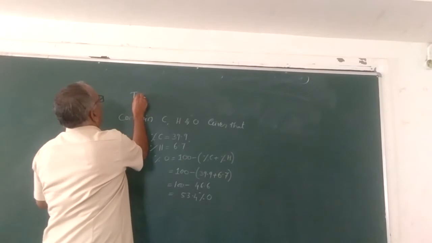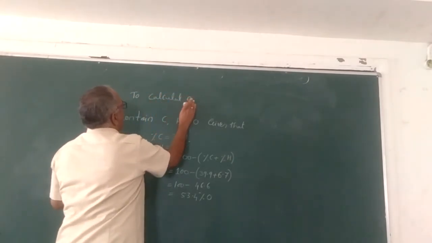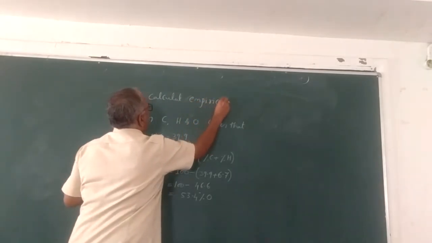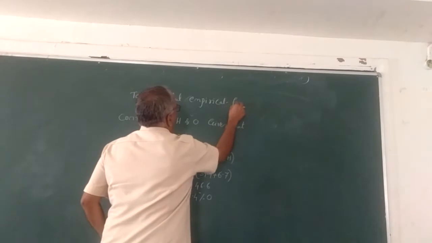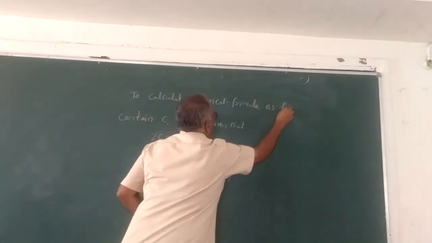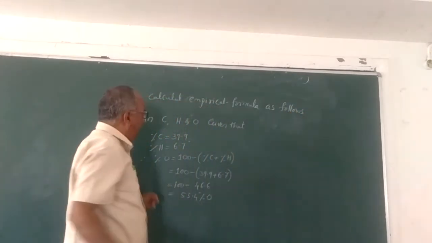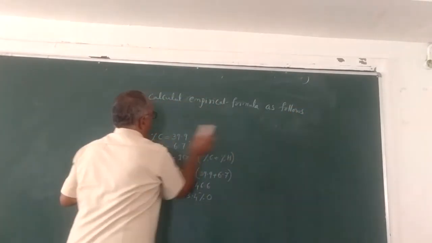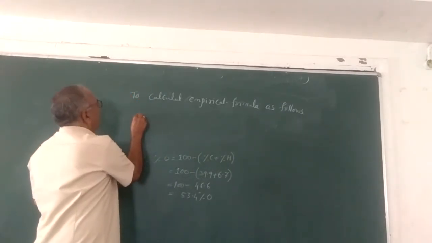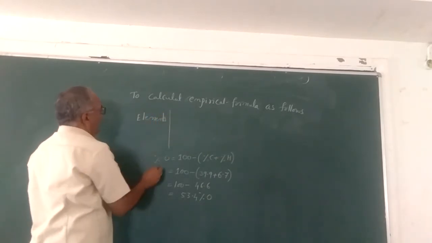How to calculate the empirical formula? So we have to follow some steps. First, the elements: what are the elements present in the given compound?